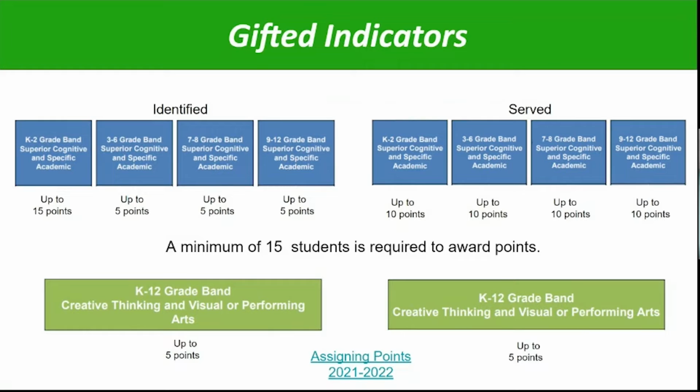And then for service, those are all combined as well. So it just says K12, and you can get up to 40 points there if you're looking at a building. And the scales are a little bit different, and again, they're included down here. If you click the link, you can see all the scales for the district and for the building because they're a little bit different.